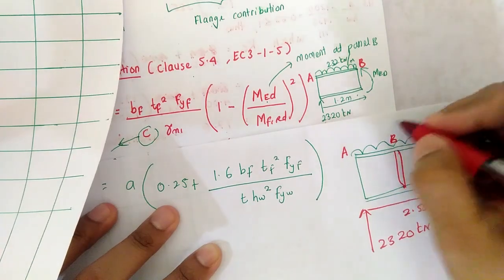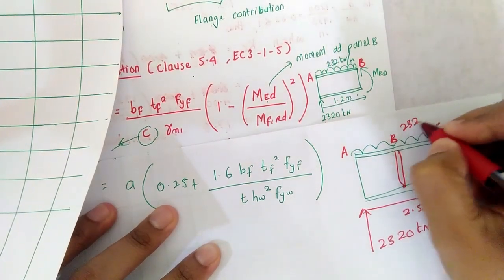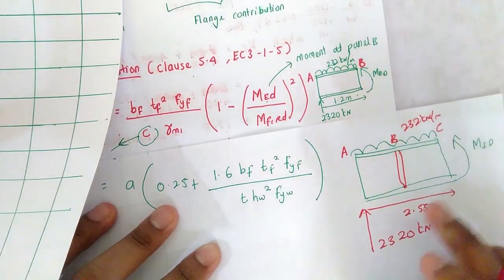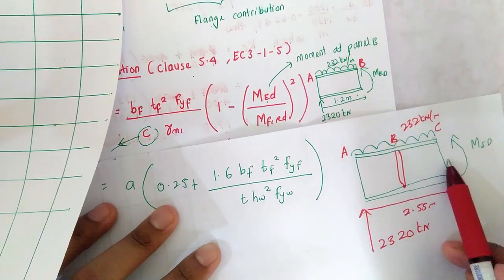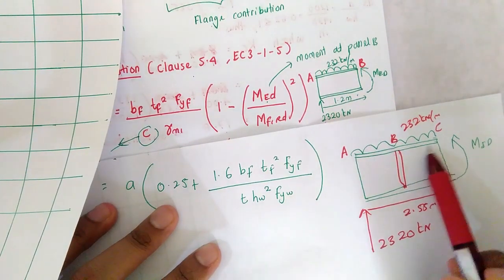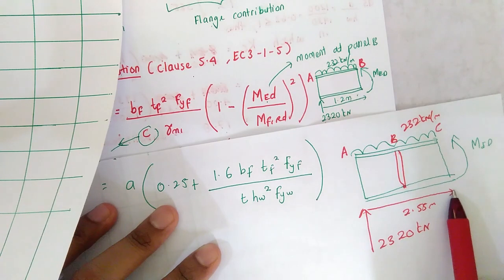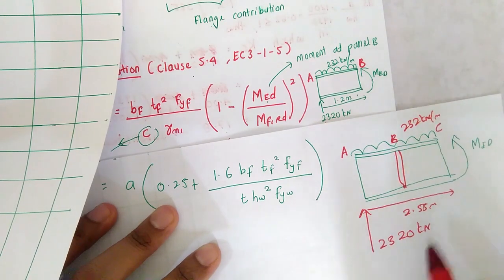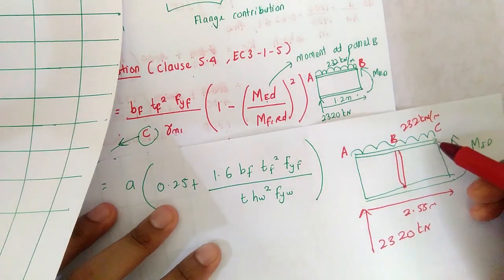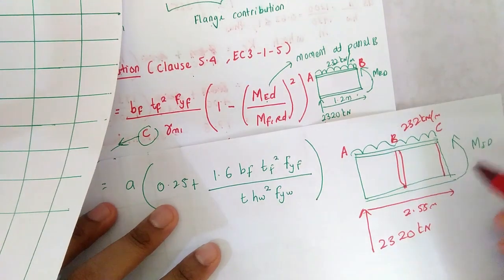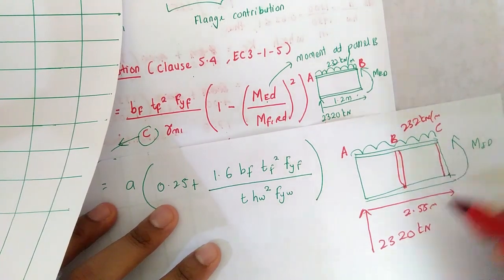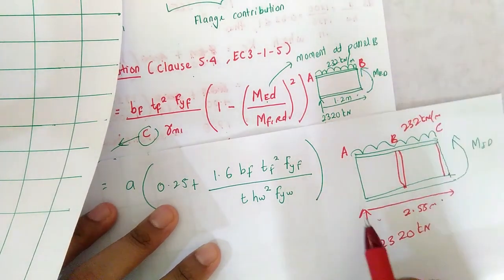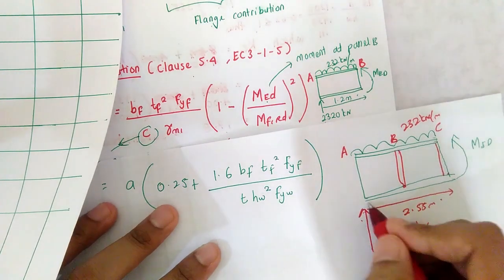That is how you find it, in kilonewton per meter, if you are doing panel BC. The length must be larger, which is 2.55 meter, because you have another transverse web stiffener at 2.55 meter from the support. This is the support.